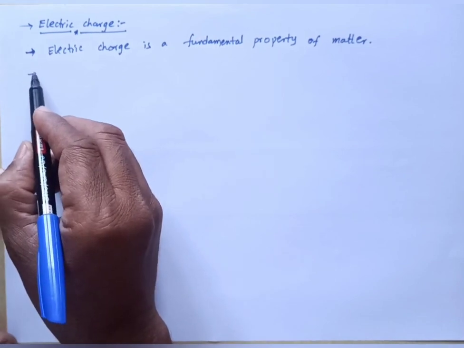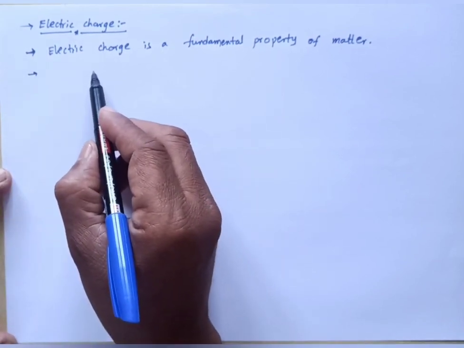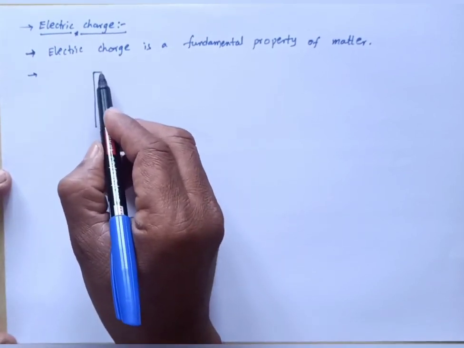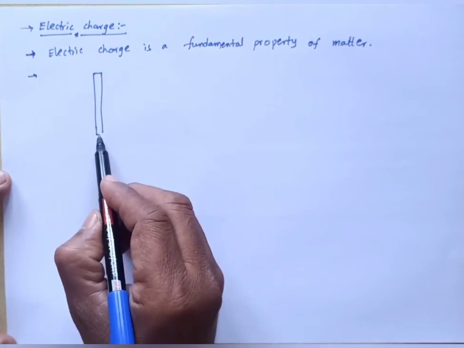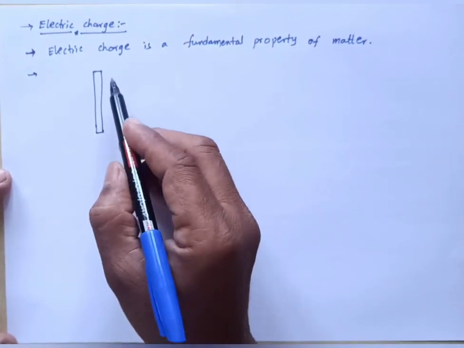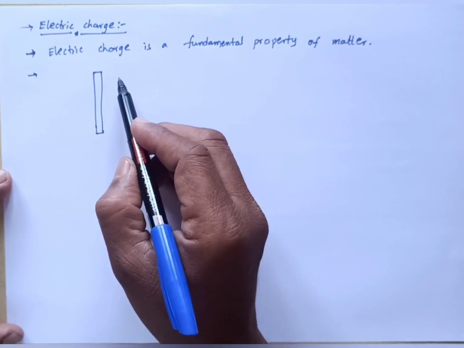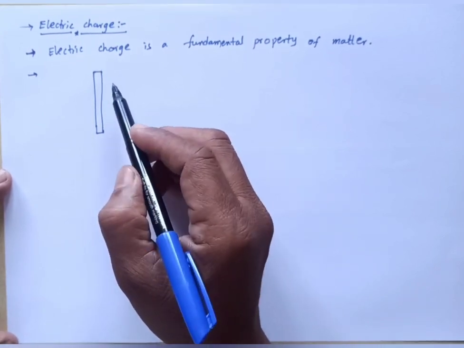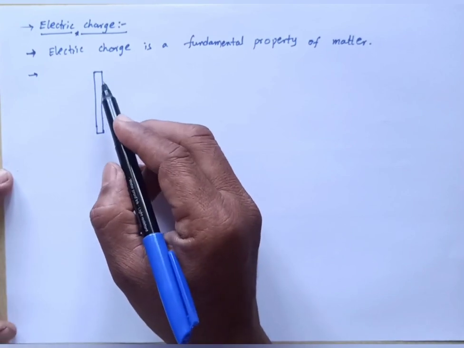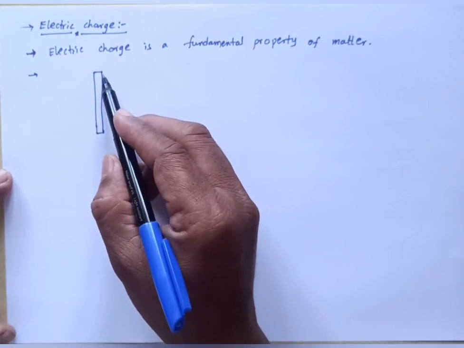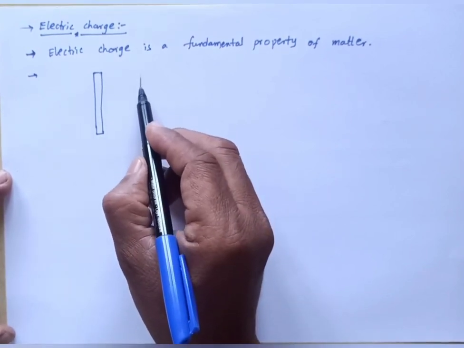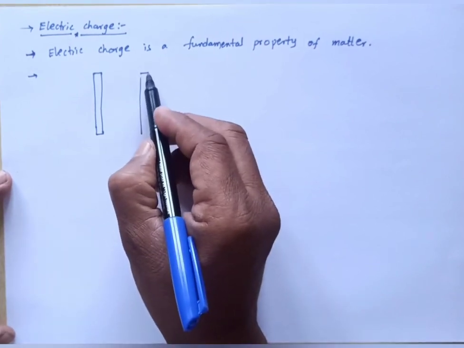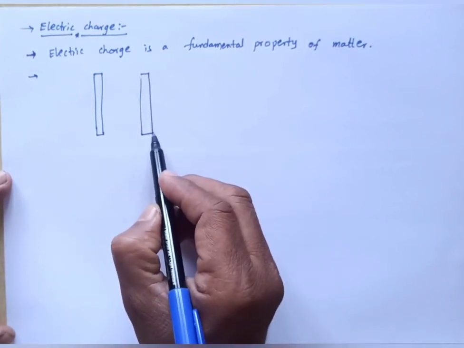So for example, we have taken a glass rod. This glass rod is rubbed with a silk cloth, and another glass rod is also rubbed with a silk cloth.